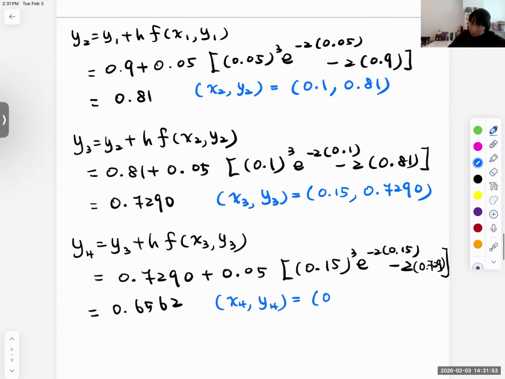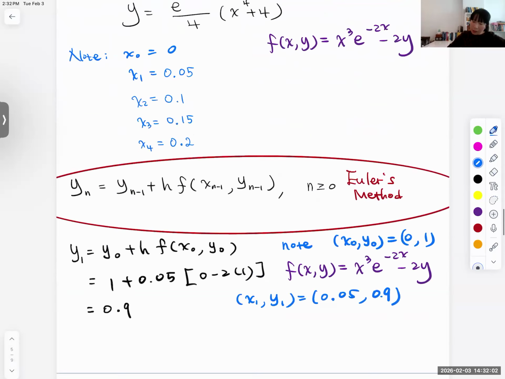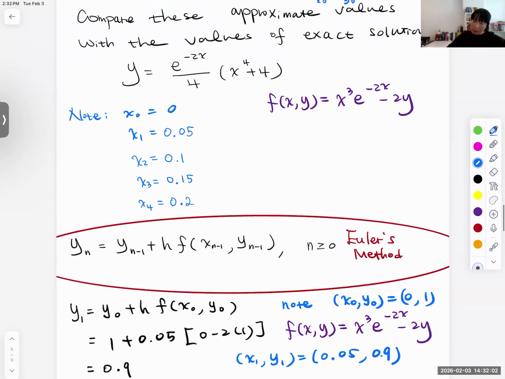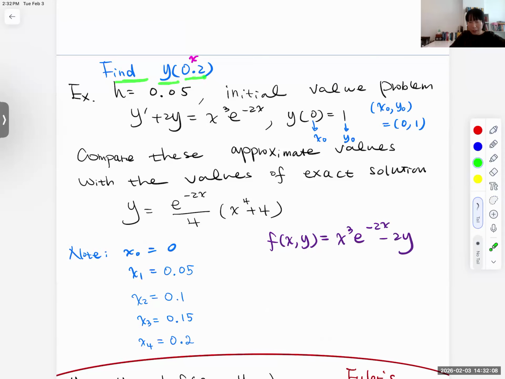And y sub 4 will be 0.6562. The question says find y of 0.2, right?